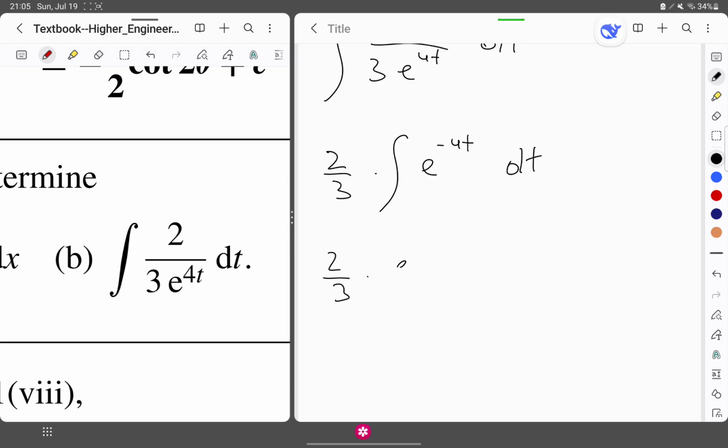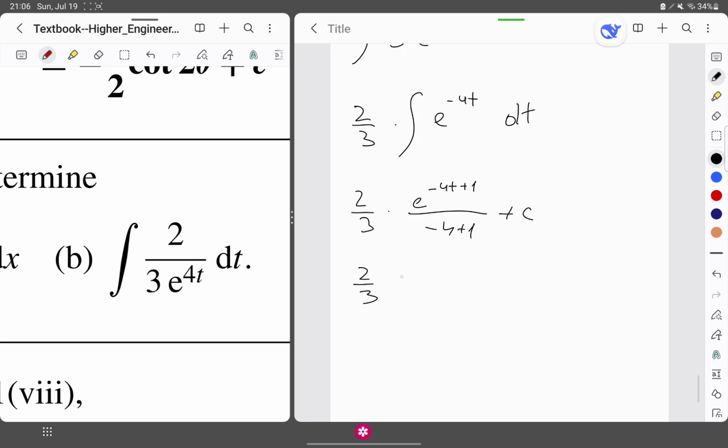Let's imagine e to the power of negative 4t plus 1 over negative 4 plus 1, plus c.